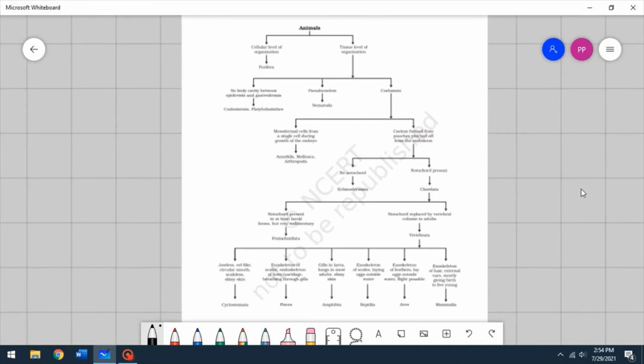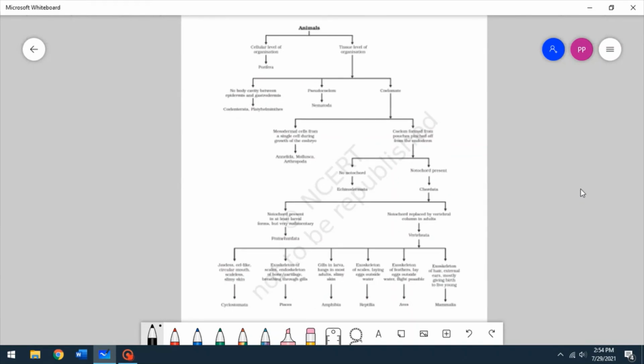So animals, if they have at least a tissue level of organization, are further subdivided. If they're only up to cells, it's Porifera. If they have a true body cavity, they're subdivided. If not, they're divided into Coelenterata, Platyhelminthes, and Nematodes.